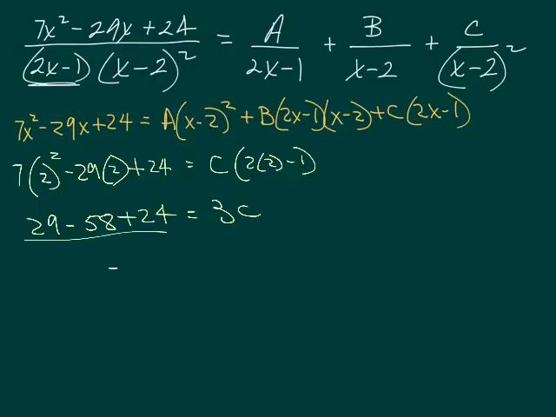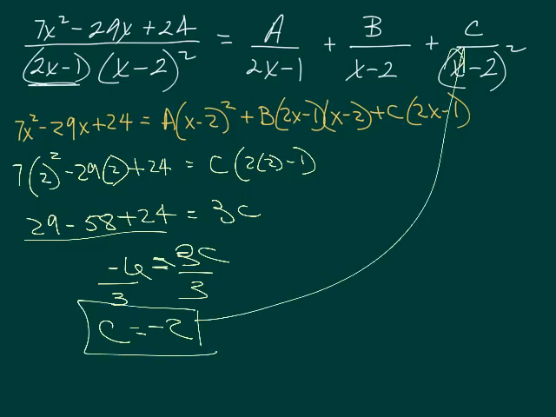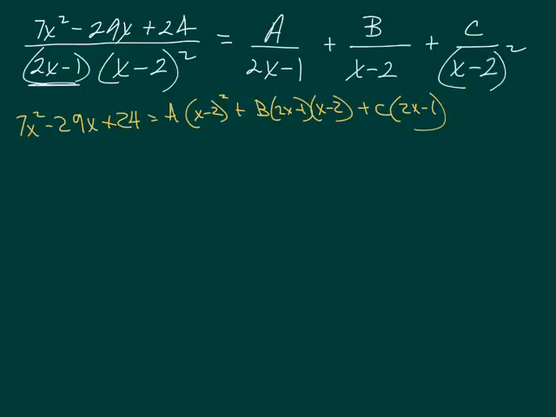Do the math there, and you get negative 6 equals 3c. Divide both sides by 3, and I get c equals negative 2. So then that can go up there. Okay, so we found a, and we found c. So we know a is 5, and we know c is negative 2. So what we're going to do is replace my a here with 5 and my c here with negative 2.